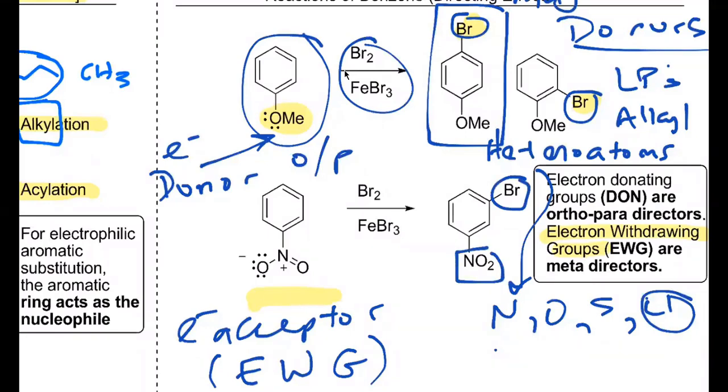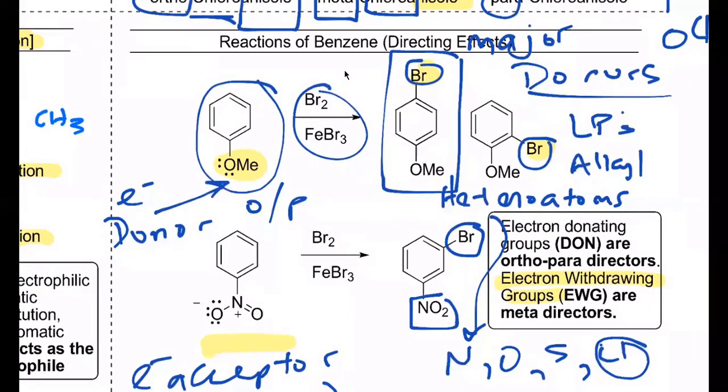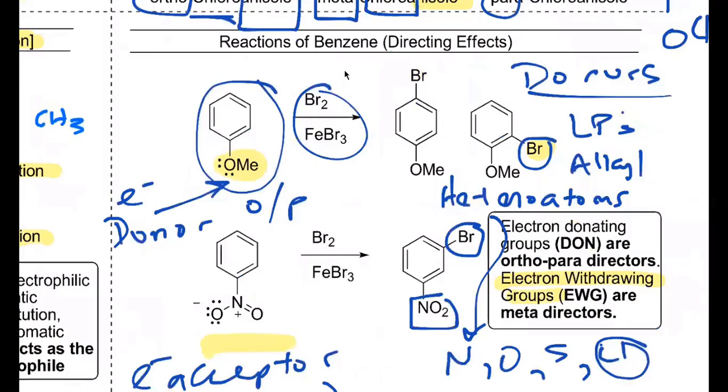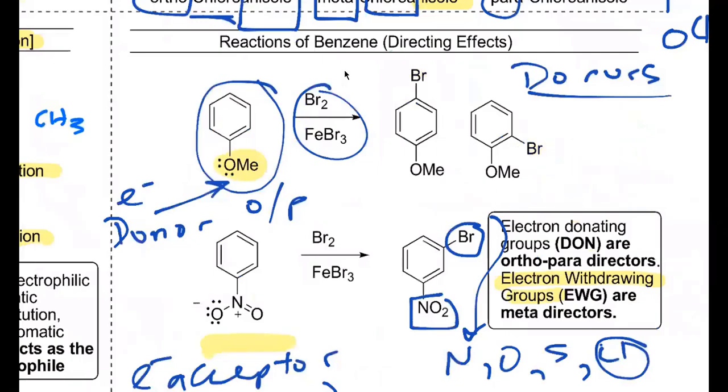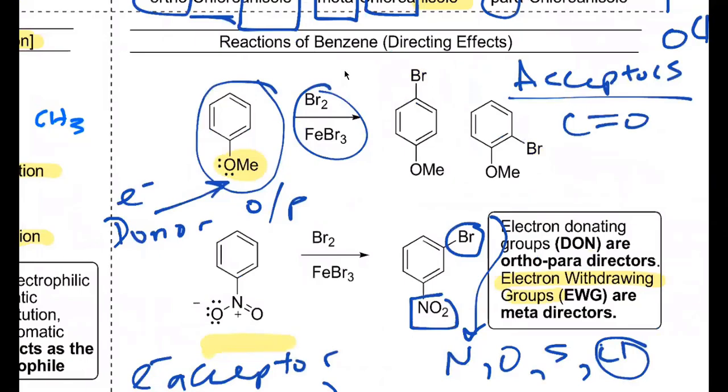So what are some examples of acceptors? Let me erase some of this stuff. Right, some examples of acceptors are carbonyls, right? Any type of pi bond attached to a ring can act as acceptors, right?